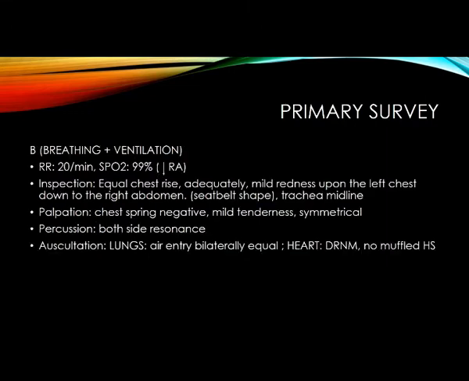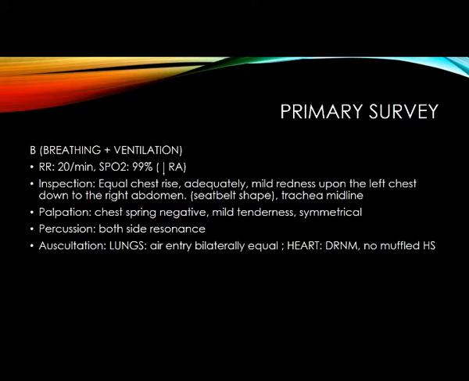So continue with B. B stands for breathing and ventilation. Respiratory rate was 20 breaths per minute. SpO2 was 99% on room air. Inspection showed equal chest rise, with mild redness over the left chest down to the right abdominal region.